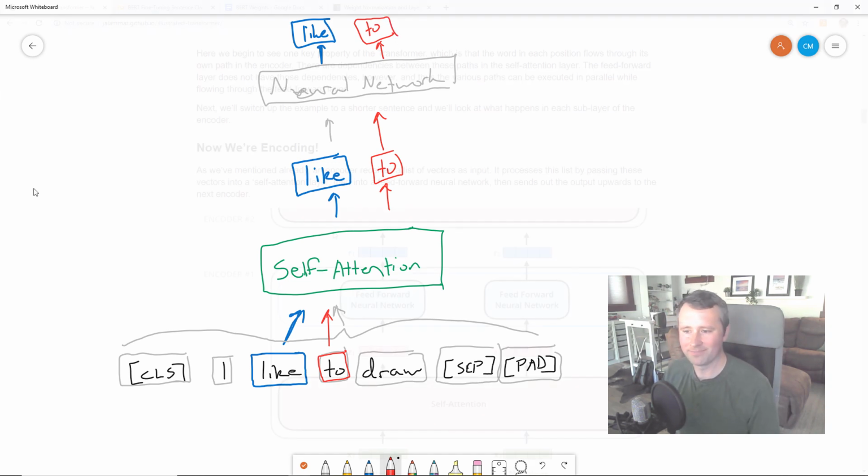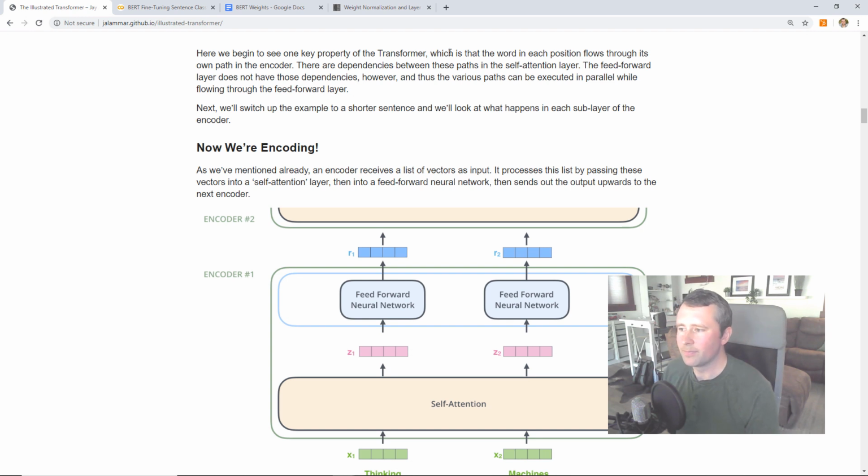We'll keep going here. Jay expresses that as the word in each position flows through its own path in the encoder. There are dependencies between these paths in the self-attention layer, but the feed-forward layer does not have those dependencies, and that allows us to execute the various paths in parallel.